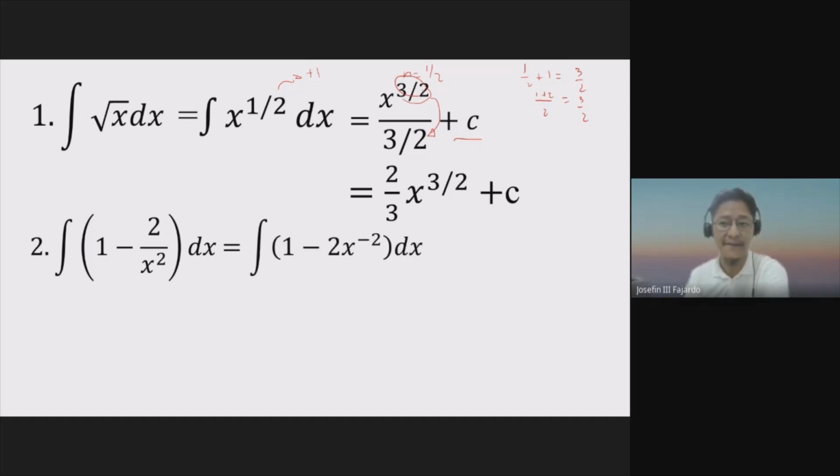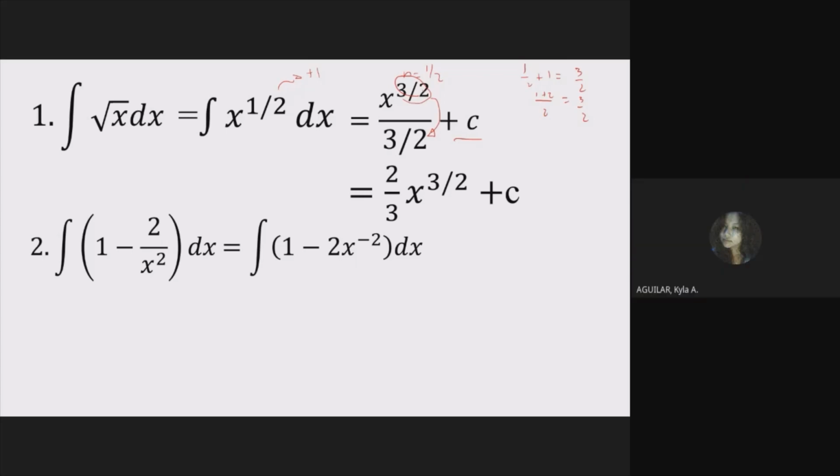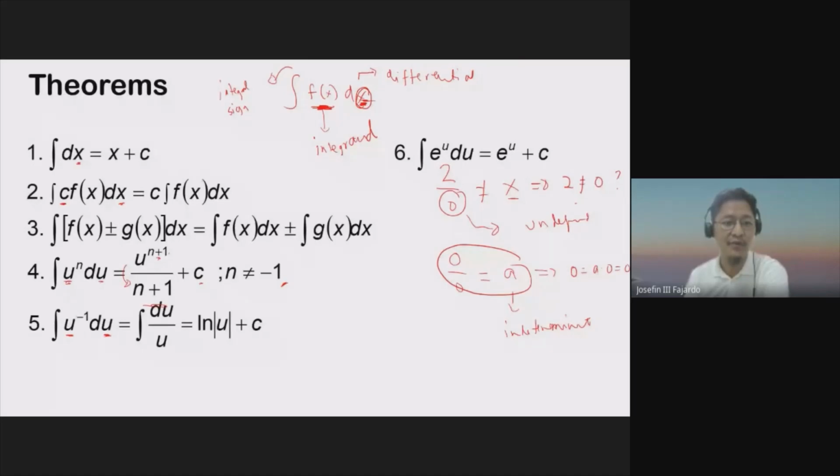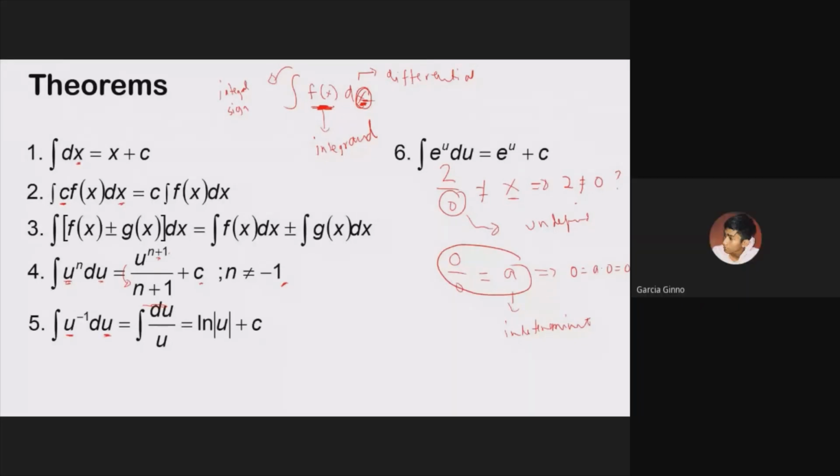Kaya naging ganito. Okay? And then notice, sabi dun sa rule number 4 natin, pwede ba siya when the exponent is negative 2? Balikan natin. Si rule number 4, sabi, pwede siya provided yung ating exponent ay hindi negative 1. Pag negative 2 ba, hindi rin siya pwede? Pwede po, sir.